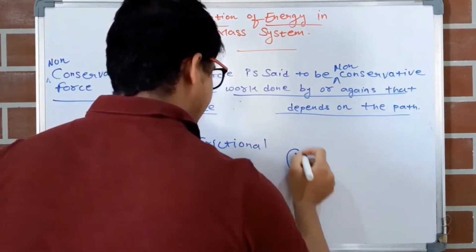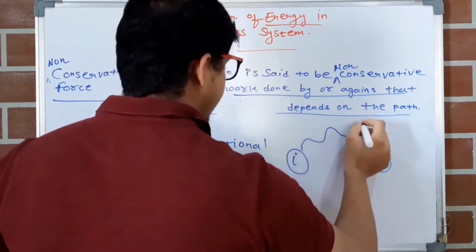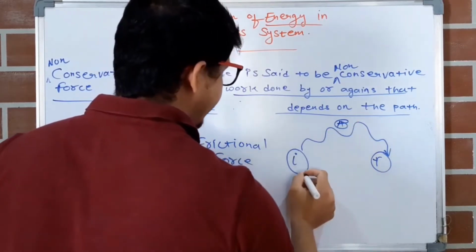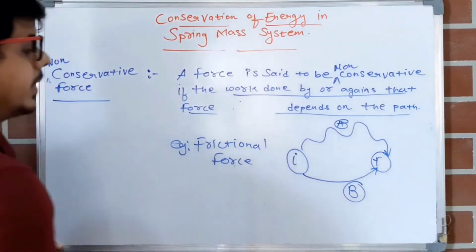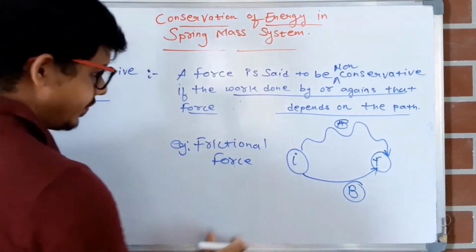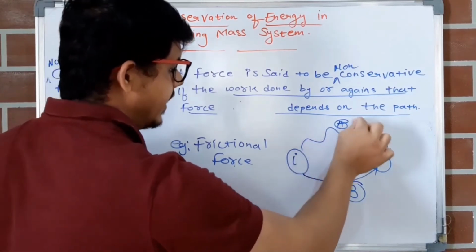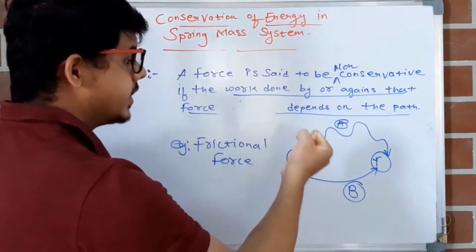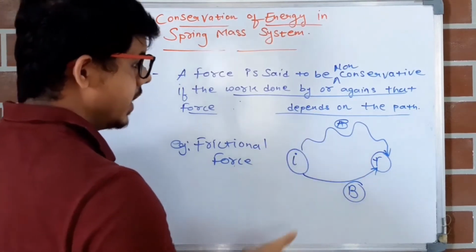Let's say this is initial and this is final. Now if I bring a body along this path, let's say A, or directly along B, what will be the friction force? If I bring a body along path A, we have to do more work against this friction. Why? Because friction force is a non-conservative force.